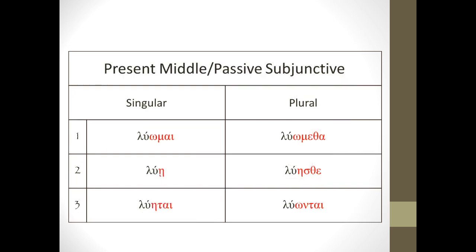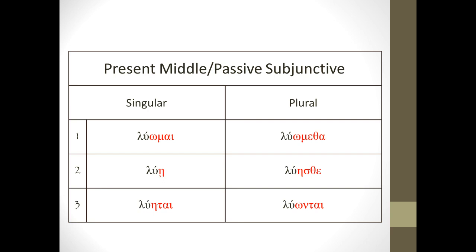Looking at the middle passive of the present tense, once again, we have our stem. Now, in the present middle passive indicative, it was omai, eai, etai, ometha, esthe, ontai. Once again, all we've done here is lengthen the initial vowel on the endings, and now instead of omai, it's ōmai, ēi, ētai, ōmetha, ēsthe, ōntai.